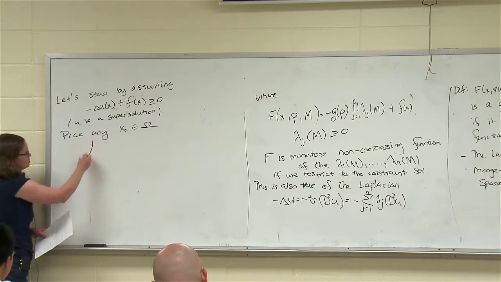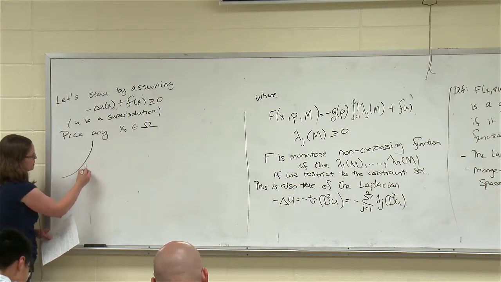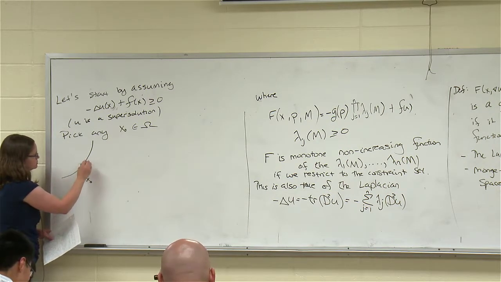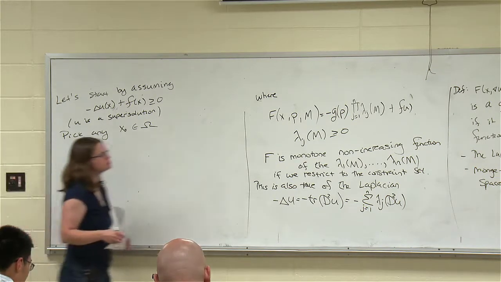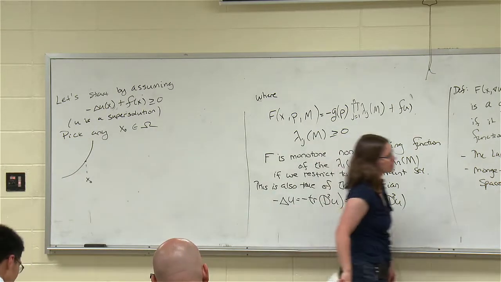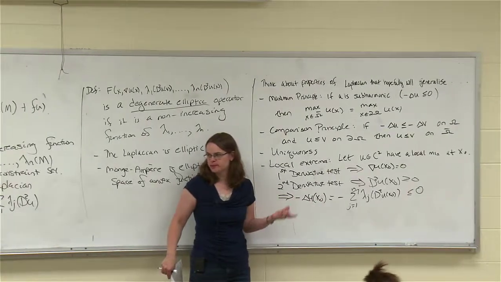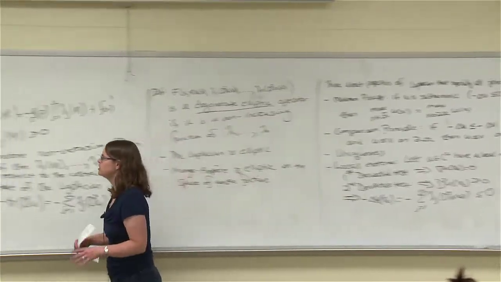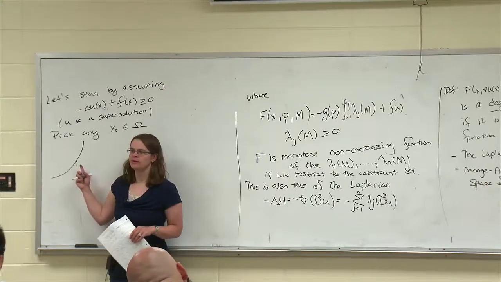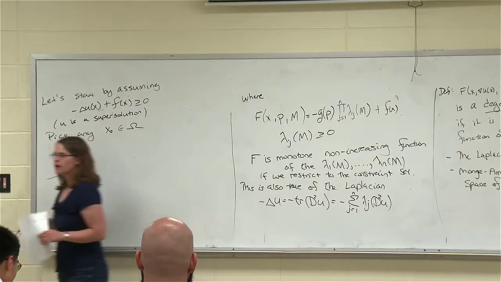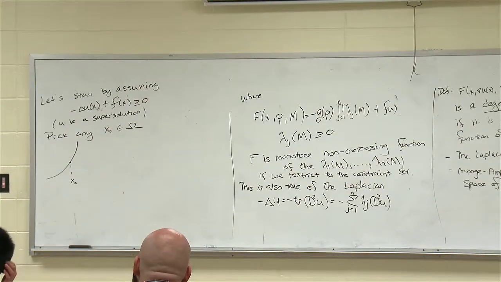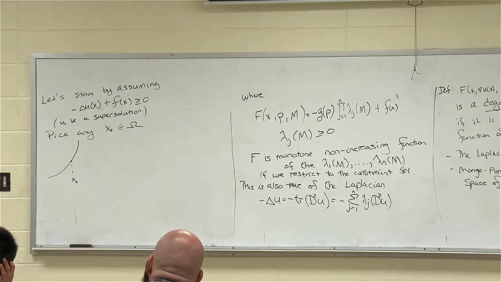Here's my u, whatever it is. Here's my x naught. I have some tests here that say how my operators should behave at different points. Now, I can't assume that I'm sitting at a minimum of u, because I need to test this equation everywhere. So let's bring in another function, ideally a function that we're going to move derivatives onto.